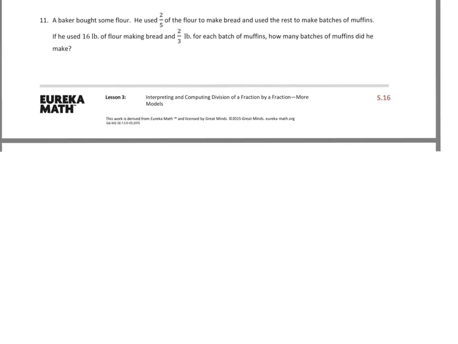So the first thing I have to do is 2/5. So 2/5, that's equivalent to bread. So I'll use it for B. The rest, which is 3/5, is the muffins.